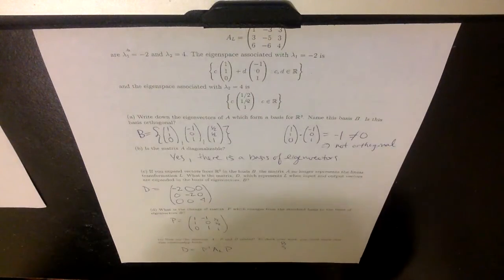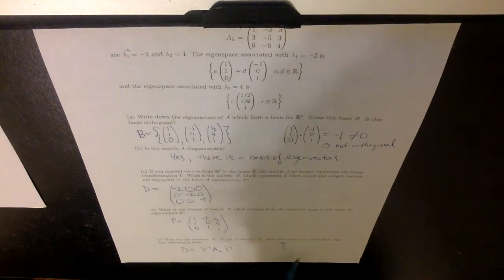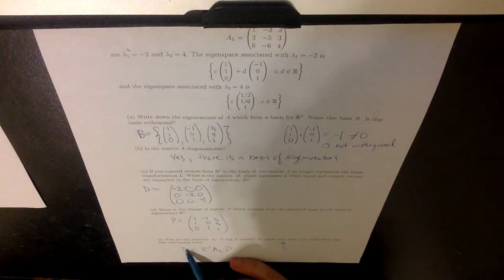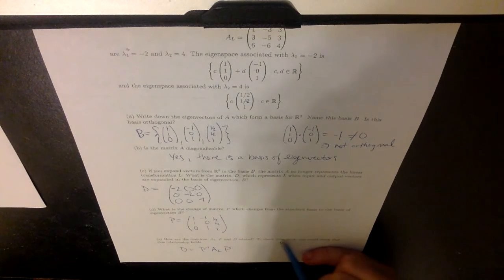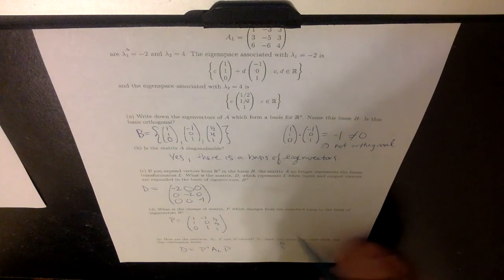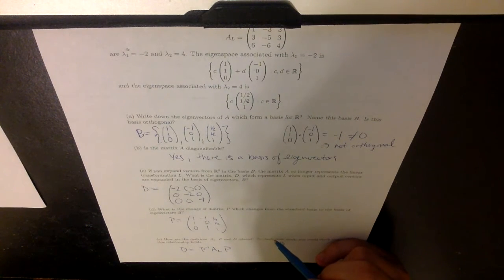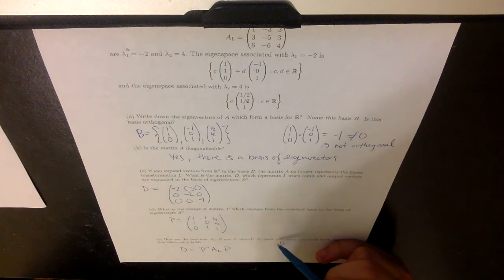If I give you a vector that's represented in our new basis of eigenvectors B, and then I hit it with D, I get out another vector that's still represented in the basis of eigenvectors B. So D applied to a vector represented in B is still a vector represented in B, but it's had the linear transformation applied to it.